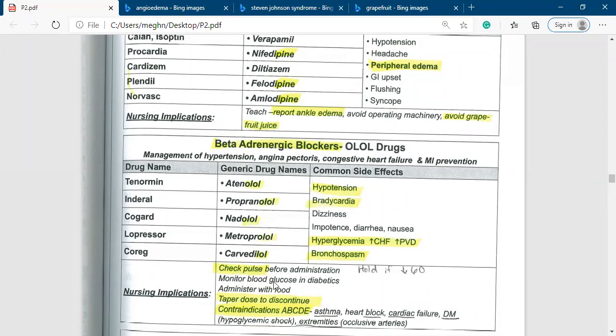Monitor the blood glucose level because they cause hyperglycemia. And also it is good if we give it with food, so administer with food to get a better outcome. Taper the dose to discontinue. If you need to stop, we have to withdraw gradually. Taper the dose to discontinue, right?